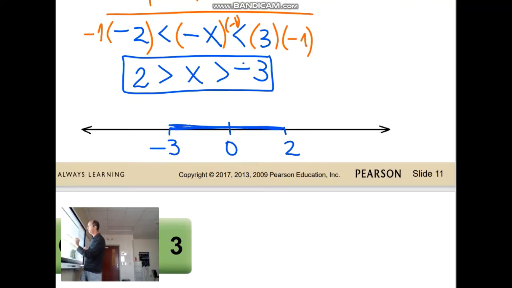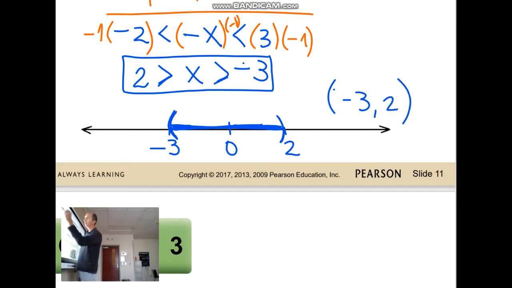Everything here in the middle is included. 2, we don't have equal sign, that means 2 is not included. We don't have equal sign here, that means -3 is not included. We also can represent the solution using interval notation, which is going to be -3 and 2 within parentheses.